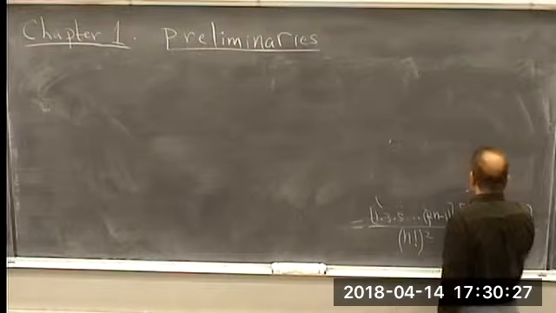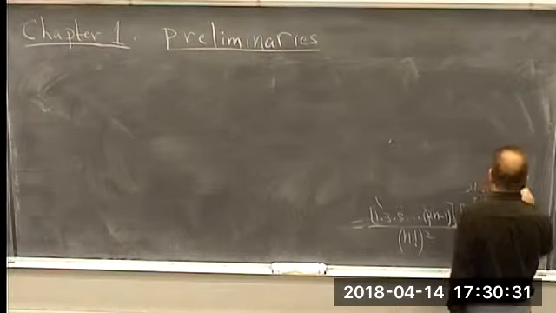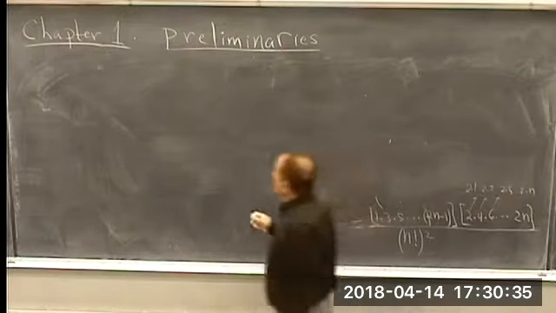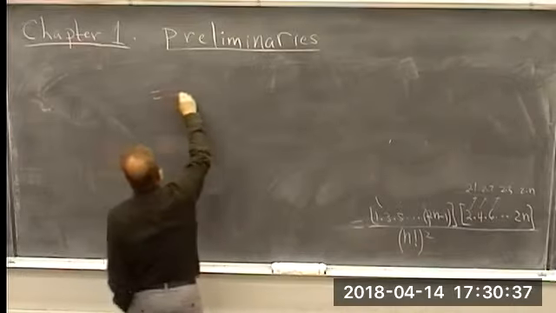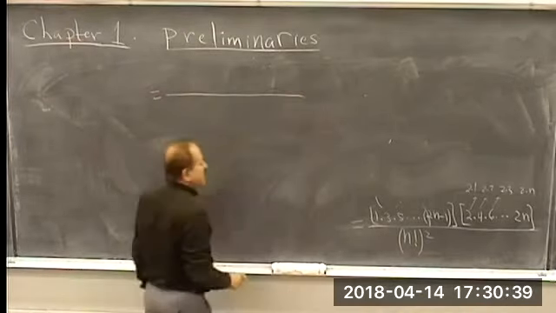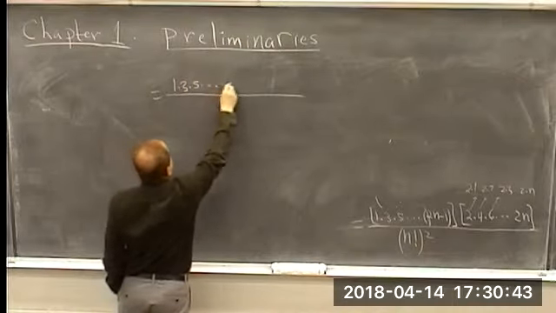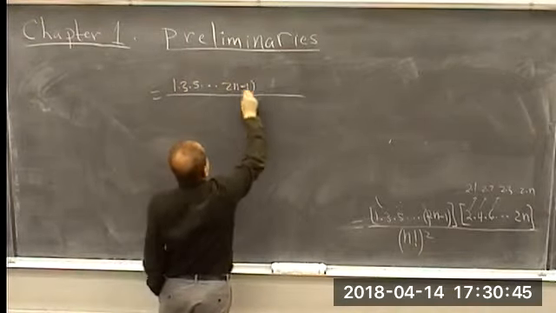So this one is 2 times 1, this one is 2 times 2, this one is 2 times 3, and this one is 2 times n. Then I can say that this is equal to 1 times 3 times 5 up to 2n minus 1.